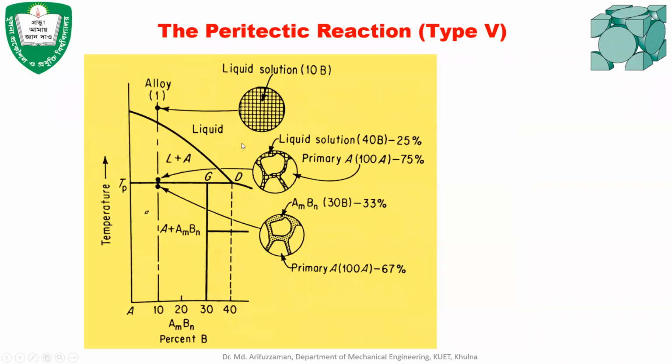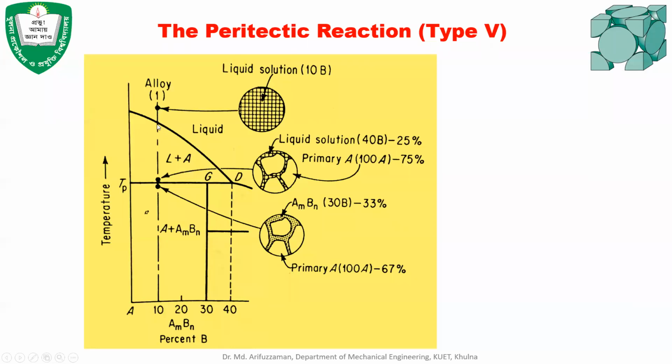Looking at alloy 1 at high temperature above the liquidus line, it is completely soluble in the liquid state and contains 10% B. The liquid solution will have a uniform distribution of A and B, and B will be soluble in A.